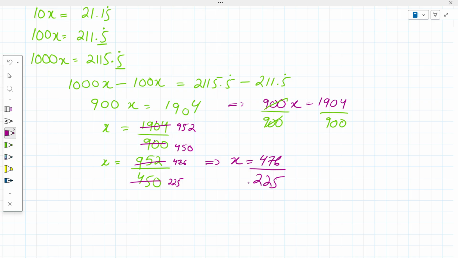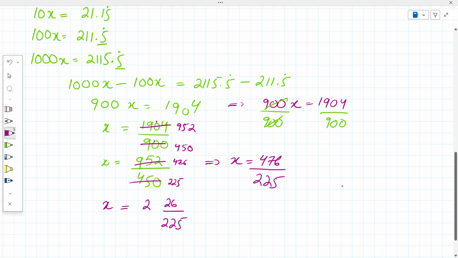Now it is an improper fraction, so we further divide, and after division the value of x equals 2 whole 26 upon 225.